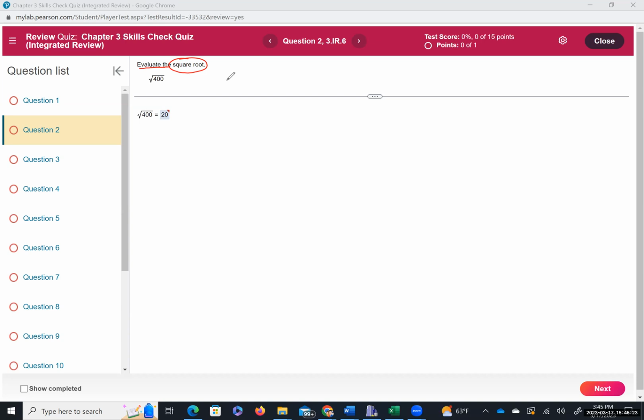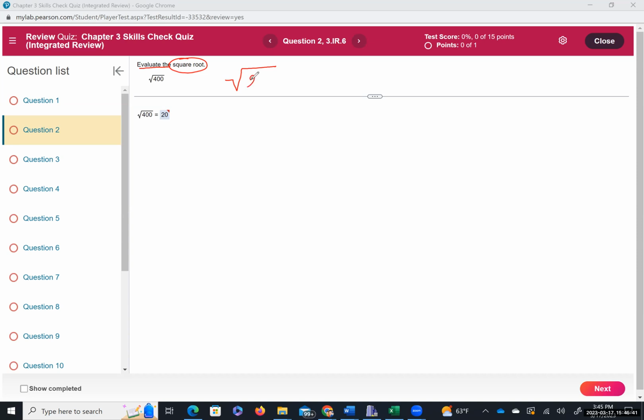So when you take the square root of something, you can look for two numbers that multiply each other and are the same number.